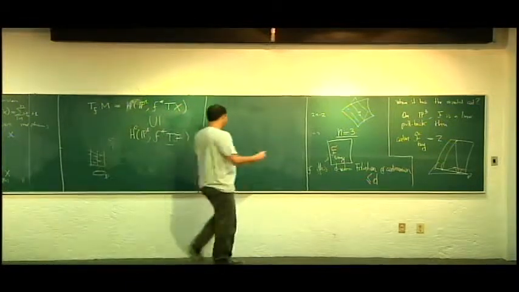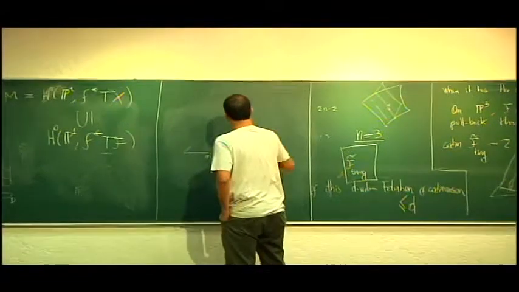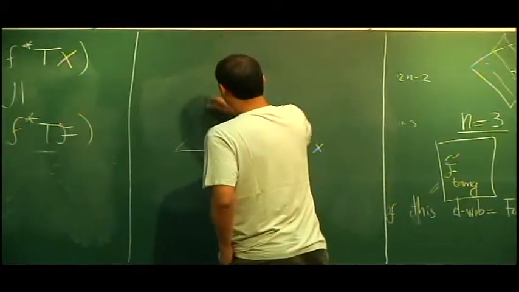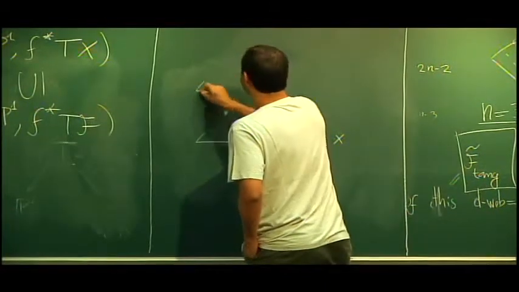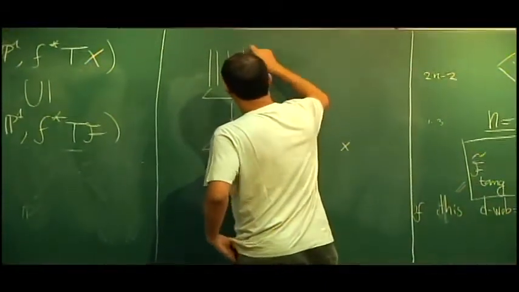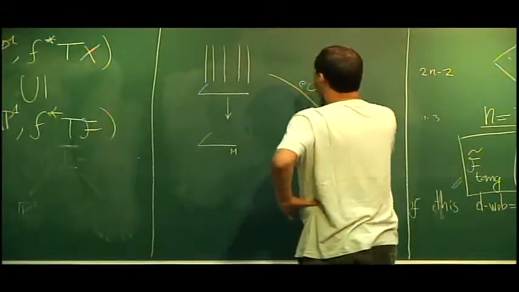There is another way of viewing this construction. So here let's look at M. I have here X, and I have here this P1 bundle, this trivial P1 bundle over M. And now here I have the evaluation morphism.